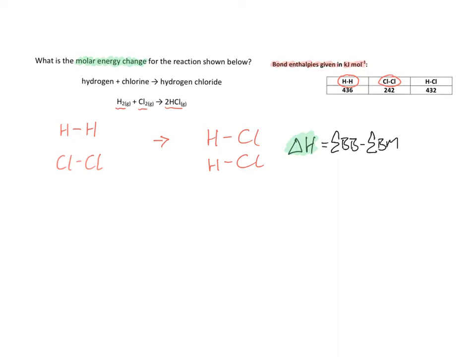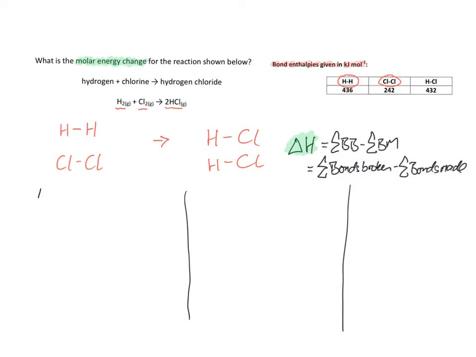Now, that's really cool as an aide-memoire for remembering it, but in an exam, we need to write things out in full. Equals sigma, meaning sum of bonds broken minus sigma bonds made.